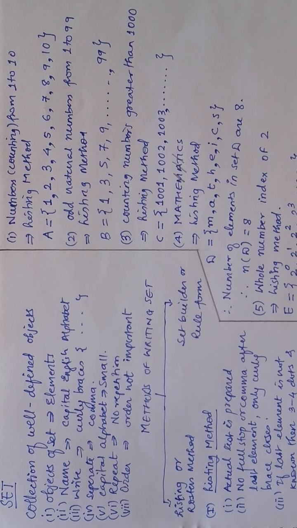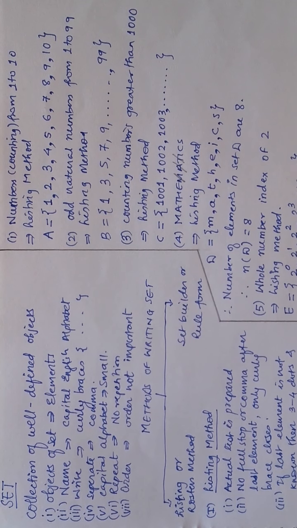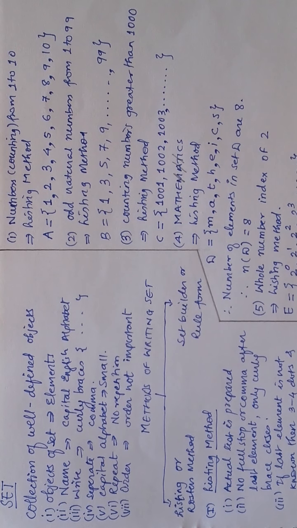Third, write within curly braces, BRACES, and it is curly. Fourth, separate with commas. Fifth, capital alphabets for names, small for elements. Sixth, no repetition. Seventh, order is not important.